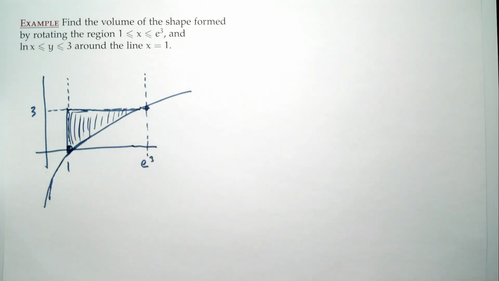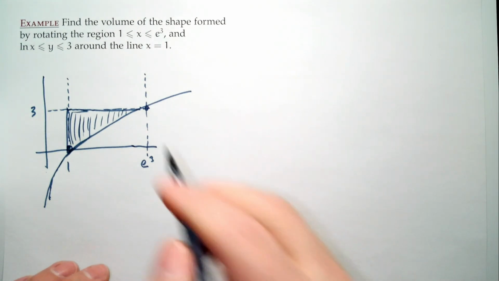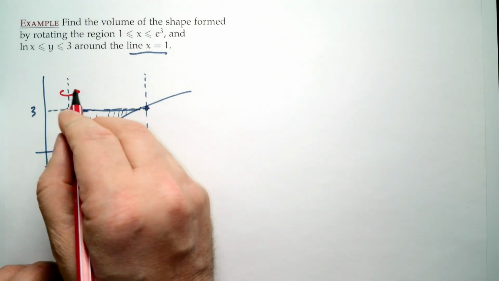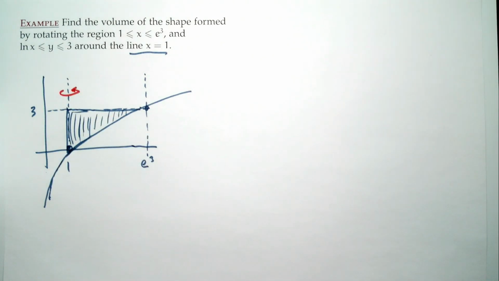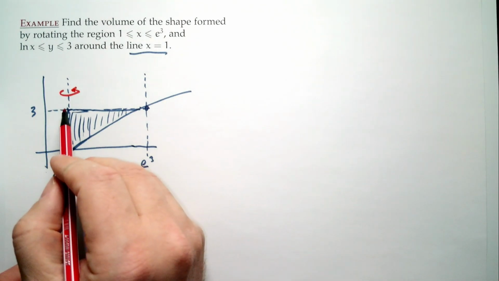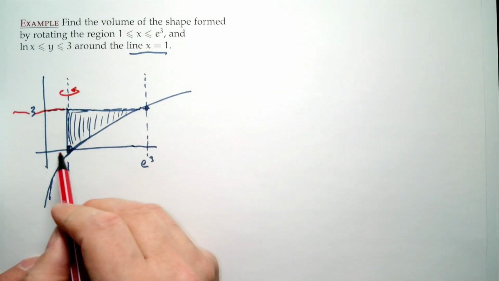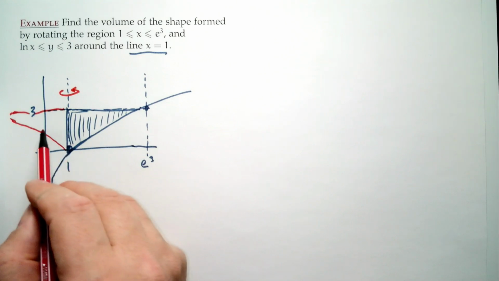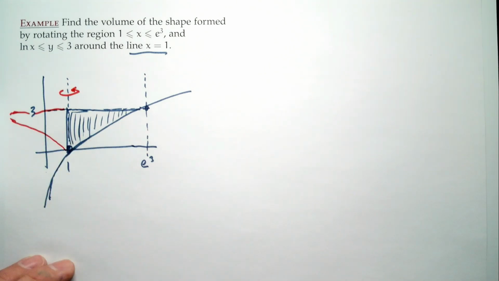And we're rotating around the line x equals 1. Which means we're going to rotate this way. So we end up with the shape, I should have planned better, but it will be some sort of shape that looks something like that.